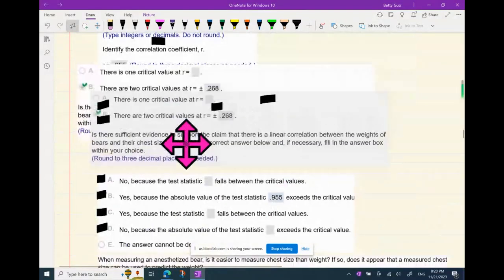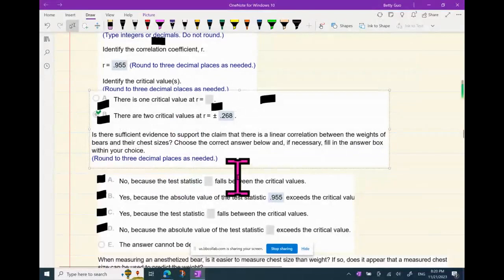And here, is there sufficient evidence to support the claim? Well, let's see. Our r is 0.955. Our critical values are positive 0.268 and negative 0.268.